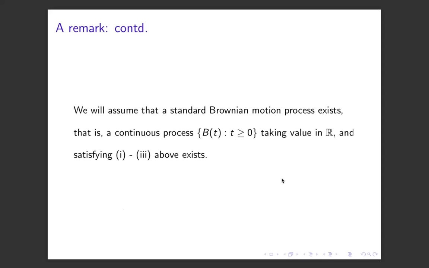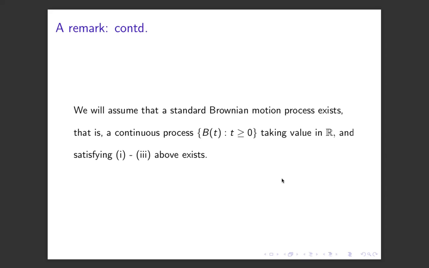Basically, one has to develop some kind of a measure theory on function spaces, especially C[0,1] and C[0,infinity). And also have to deal with what is meant by convergence of probability measures on such spaces.